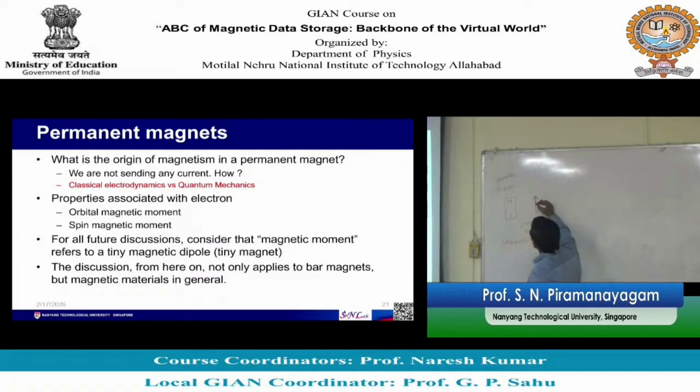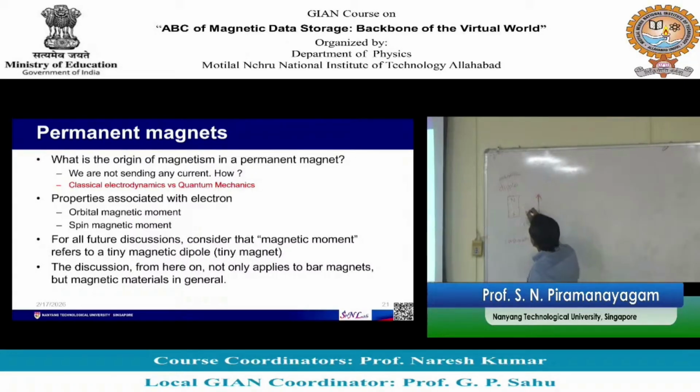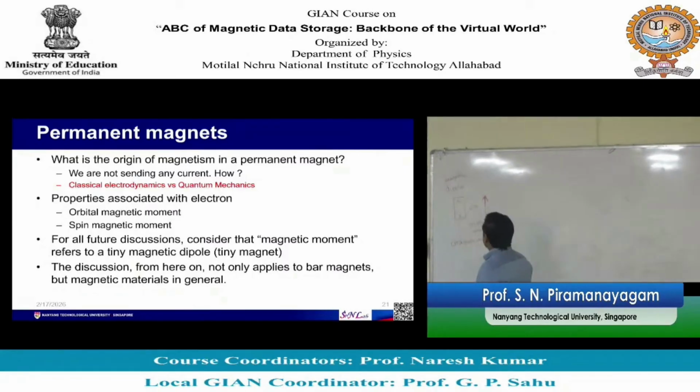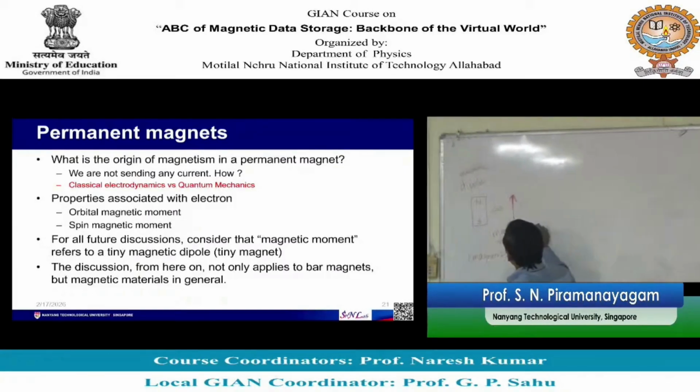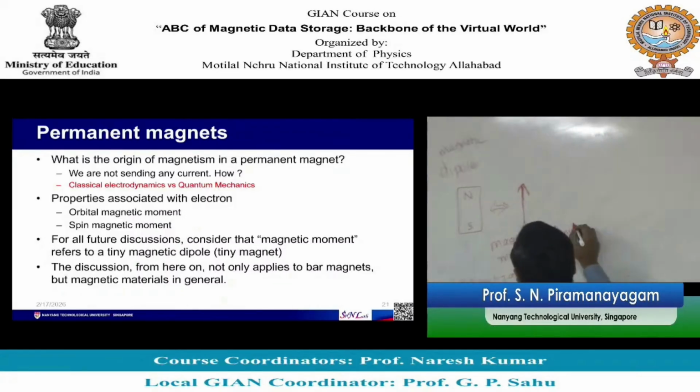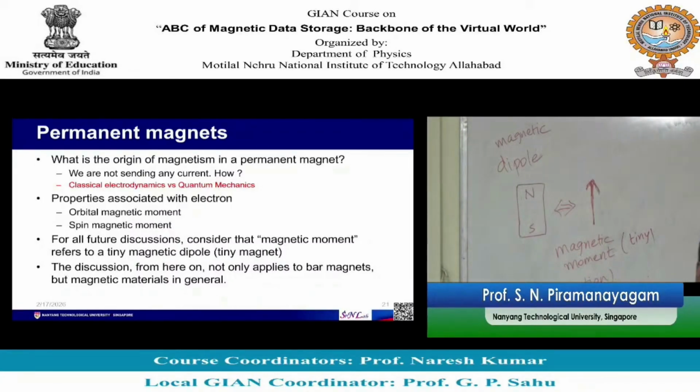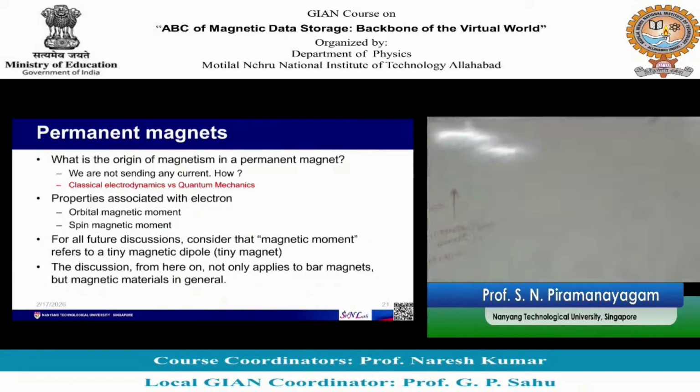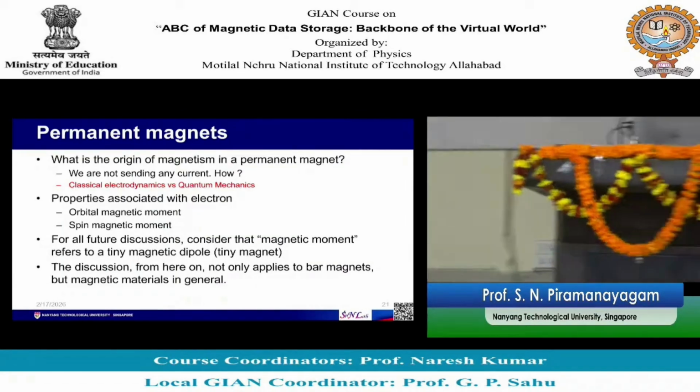For the time being, just remember that a magnetic moment is very similar to having a magnet with two poles. These two are analogous, but the only thing is this one is very tiny and of a very small magnitude. So, remember this one.